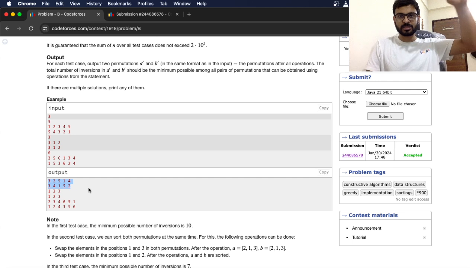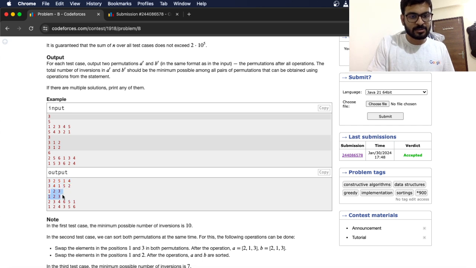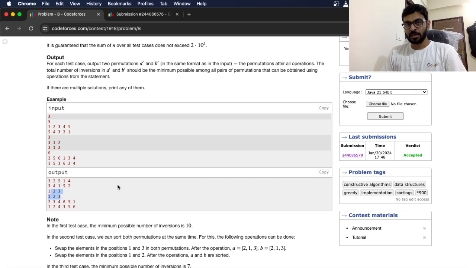So at every position, AI plus BI gives me 6. Then I thought, what about this one? Here I see that it is increasing. So 1 plus 1, 2, 2 plus 2, 4, 3 plus 3, 6. So this gave me the idea that, hey, the sum AI plus BI is increasing.